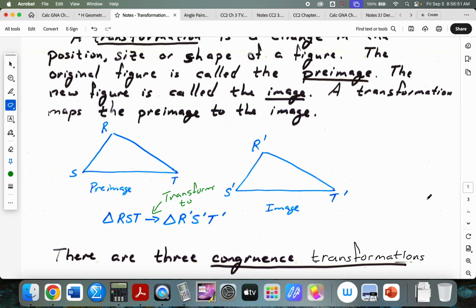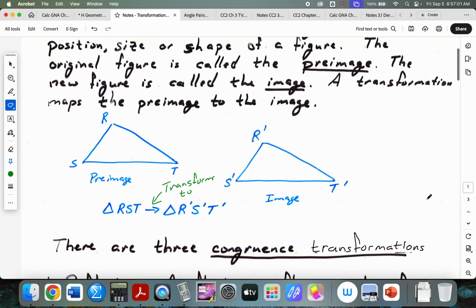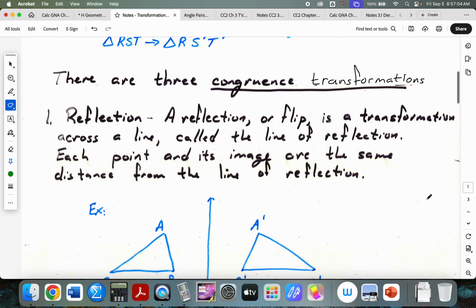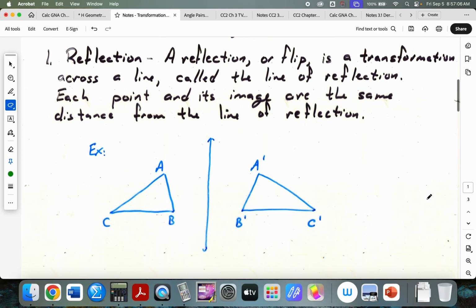Now, there are 3 congruence transformations. In these transformations, after the transformation, the new shape is still congruent to the original shape. The first one is a reflection. You may have, in earlier classes, called it a flip.